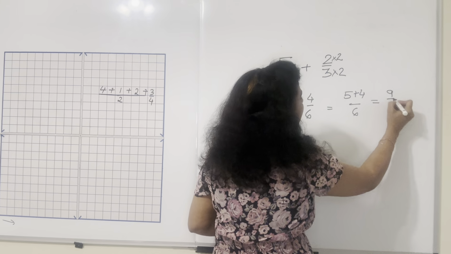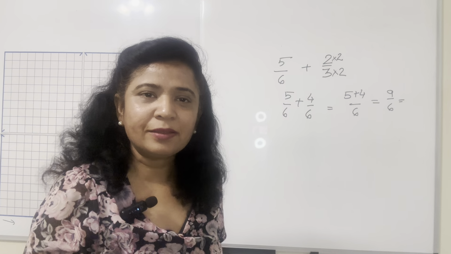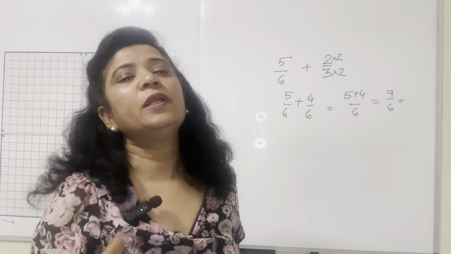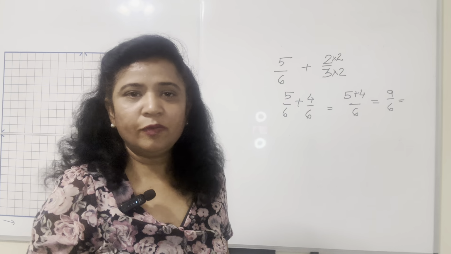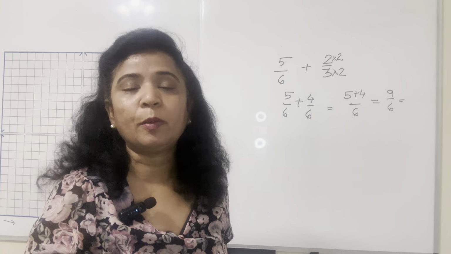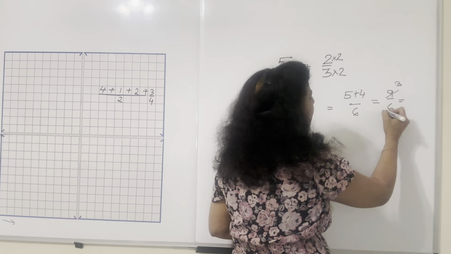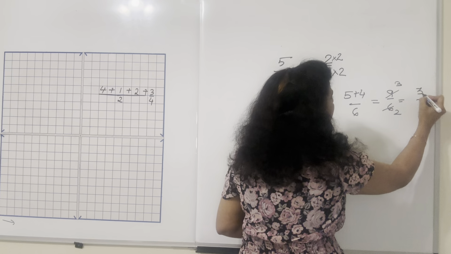When you are writing your answer, write it in the simplest form. Always. You cannot leave it in such a way where it is still divisible by some common number. So here you know that it is still divisible by a common number. So you write 3 over 2.